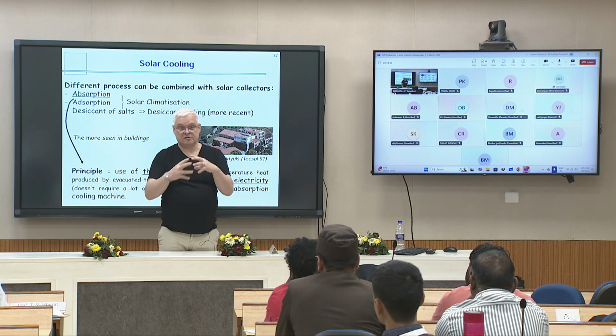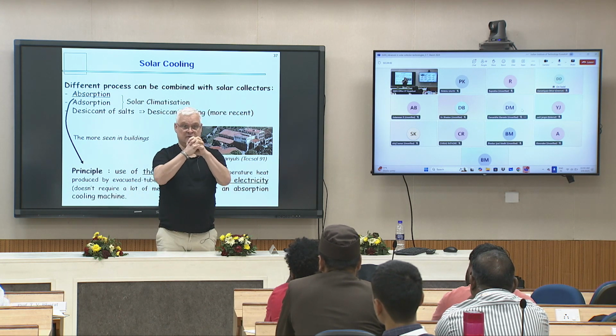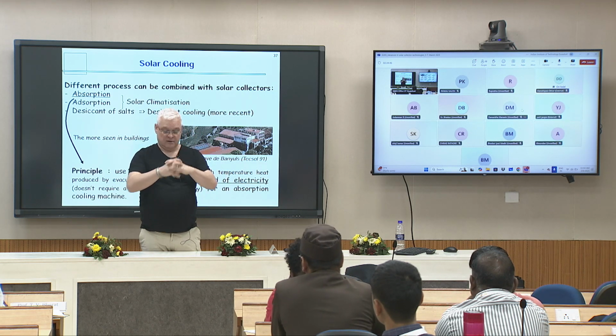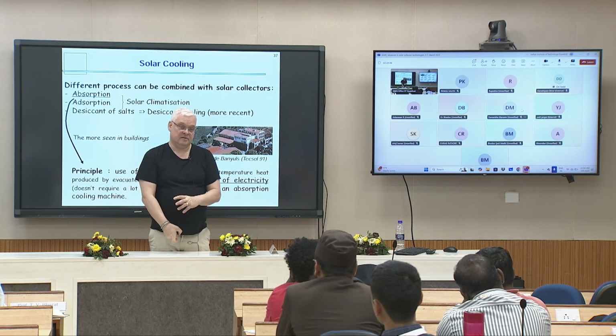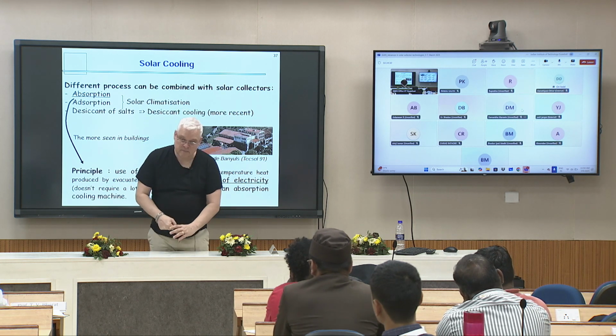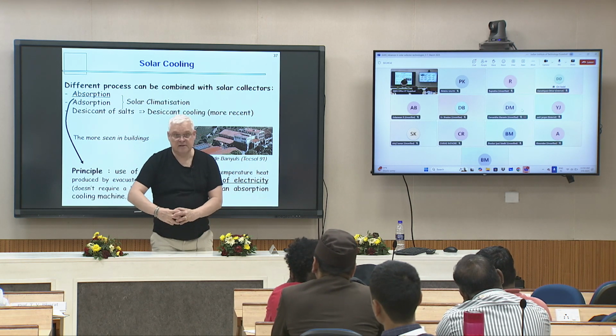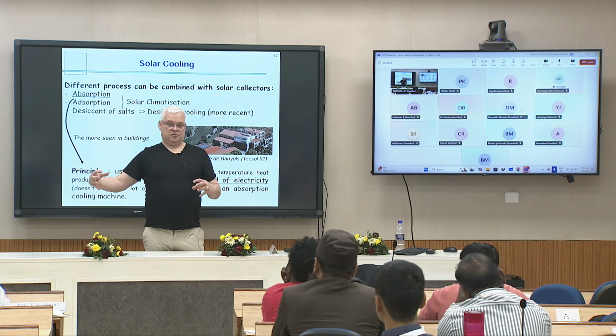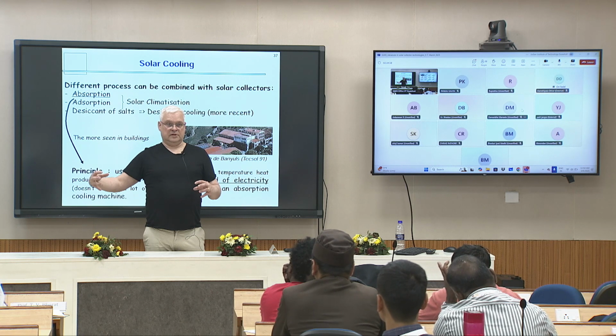Then when it's finished, you have a block like this, a very strong relation. If you want to separate again, you have to inject heat to warm it, and then the humidity is separated. We call that desorption.